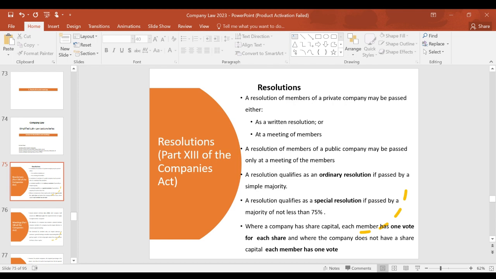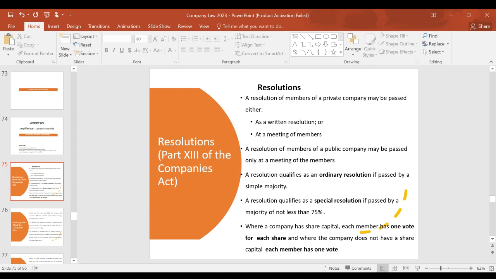So, with regards to resolutions under Part 13 of the Companies Act, the resolution of members of a private company may be passed either as a written resolution or at a meeting of members. Now, with regards to public companies, a resolution of members of a public company may only be passed within a meeting.